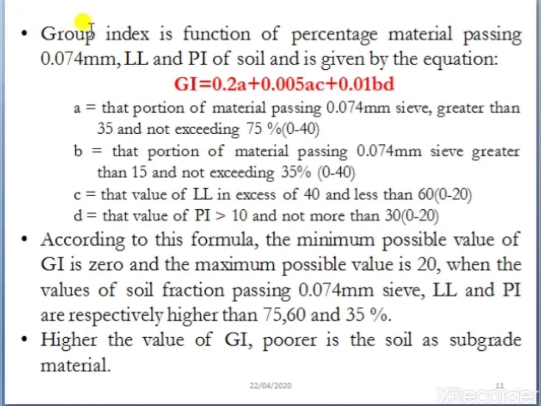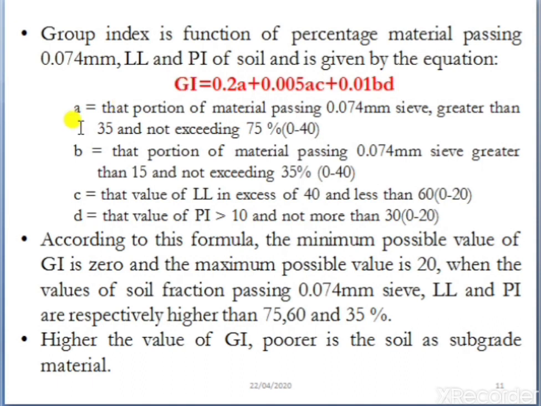It is the function of the percentage of material that passes through the 0.074 mm sieve, and the liquid limit and plasticity index of a soil, and this can be determined using the equation GI = 0.2a + 0.005ac + 0.01bd.